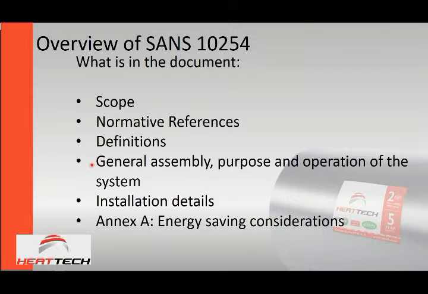General assembly talks about, as I said, the purpose, the overall requirements for the system, while the section on installation details gets specific. It will address a specific component. Vacuum breaker, how do you fit the vacuum breaker? What do you need to address? Drip tray, what is the detailed requirements for the drip trays and so on.